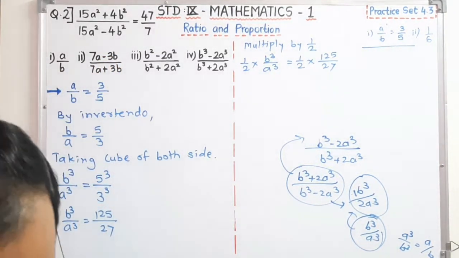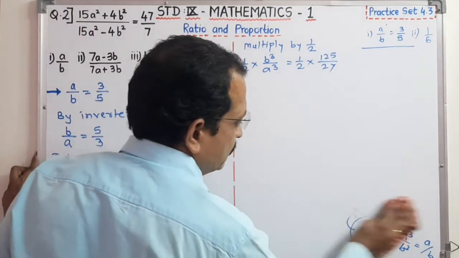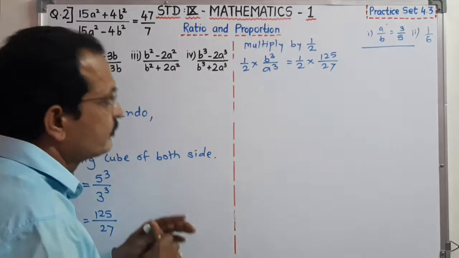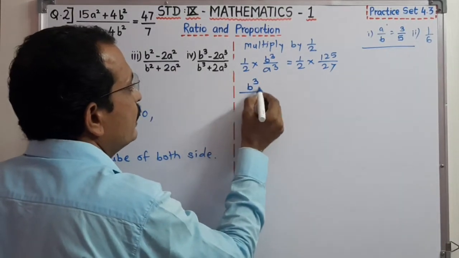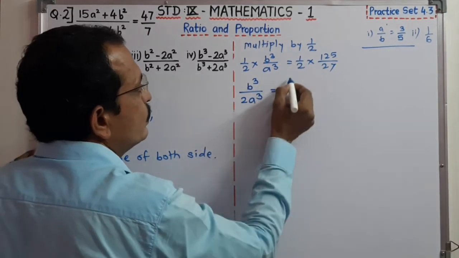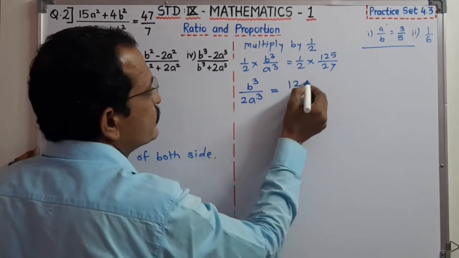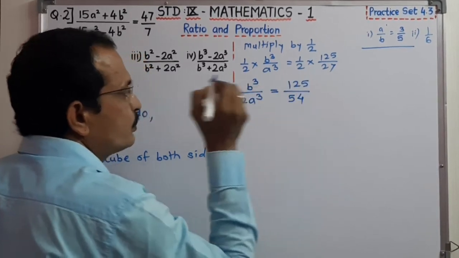Got it, dear student? Now, see here. This 1 into b cube, it is b cube, and 2 into a cube, it is 2a cube, is equal to 1 into 125, it is 125, and 2 into 27, it is 54.